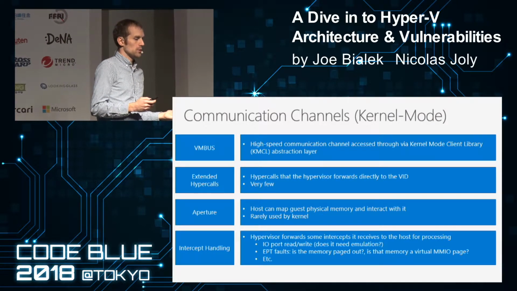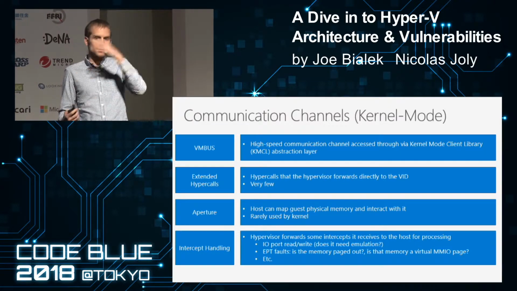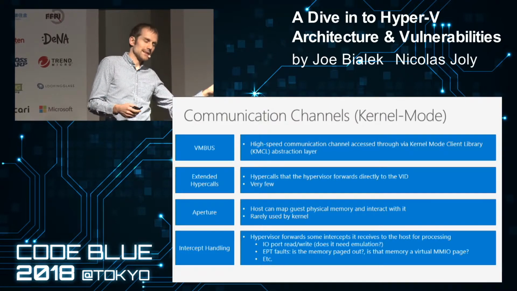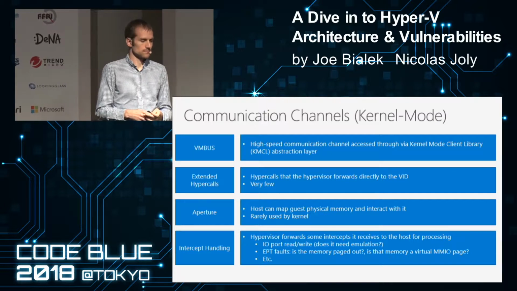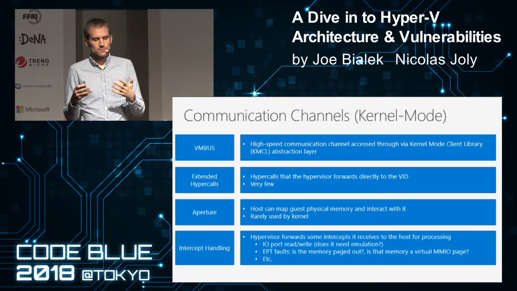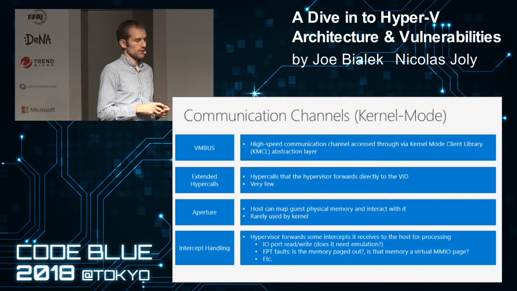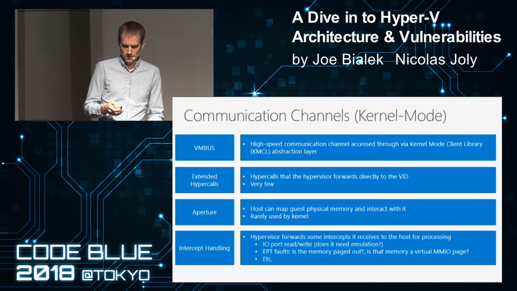For example, if you have an I/O port read or write that needs to be emulated, it first gets trapped by the hypervisor, but then the hypervisor will forward that down to the vid in kernel mode on the host. So there's a number of miscellaneous pieces of functionality like that where technically you can exercise code in the kernel by having intercepts, but it's probably not the best place to look for bugs.